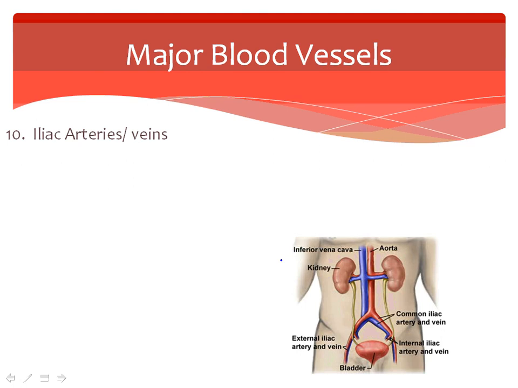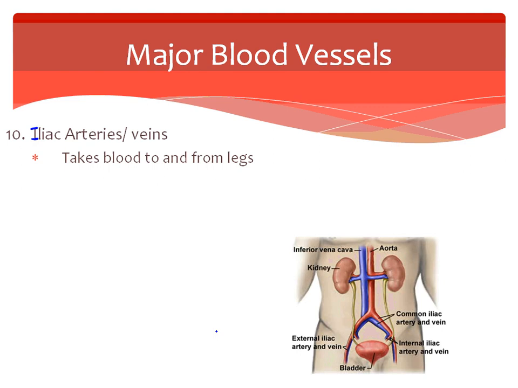Iliac arteries and veins. So that's an I. There you go. I-L-I-A-C. Iliac arteries and veins are the blood vessels servicing your legs, your lower extremities. So they run sort of through your groin region. And we talked about how arteries stay close to bones.